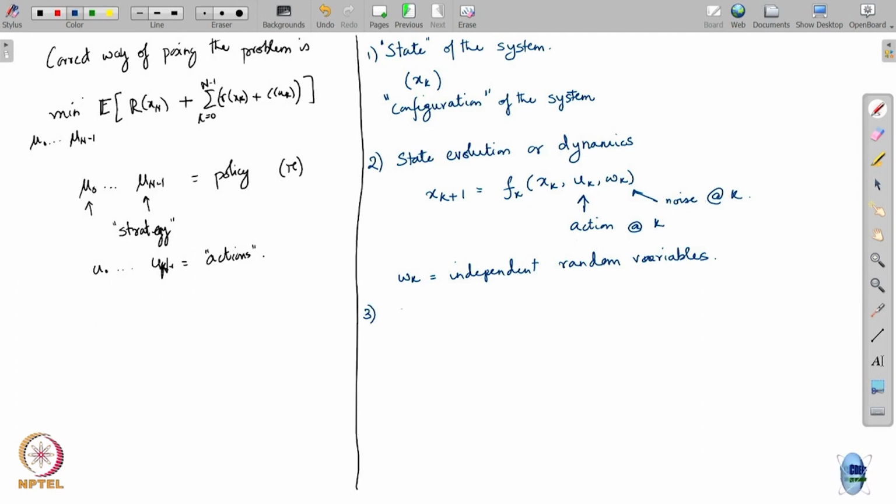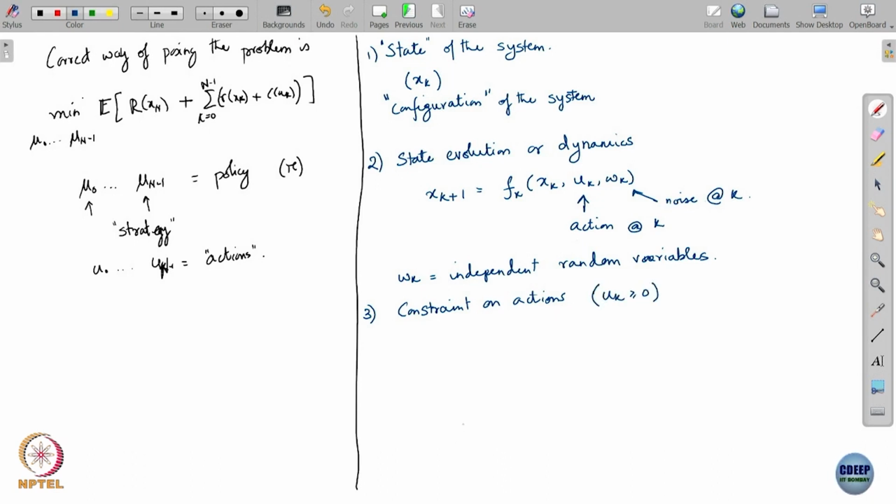Now, there would usually be a control constraint on actions. So, that constraint on actions in our case was say u k greater than equal to 0. Okay.